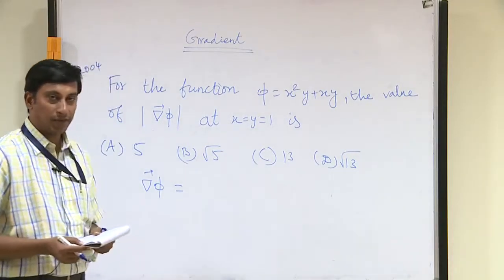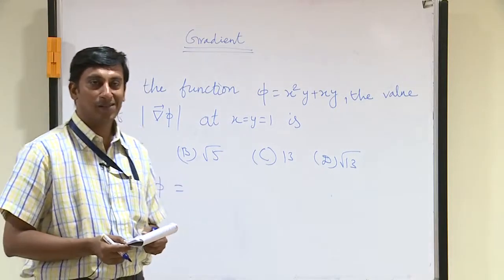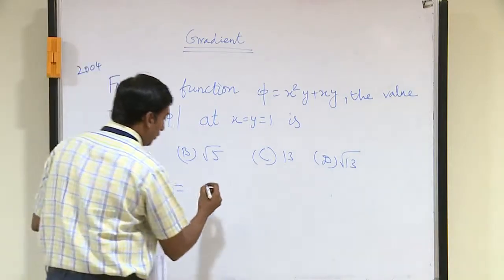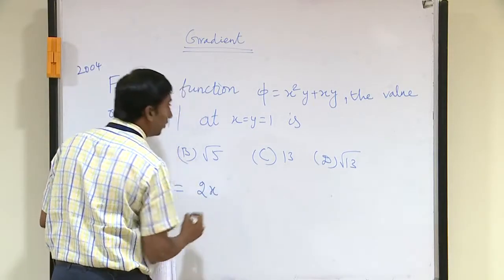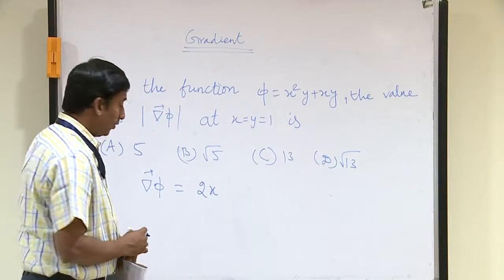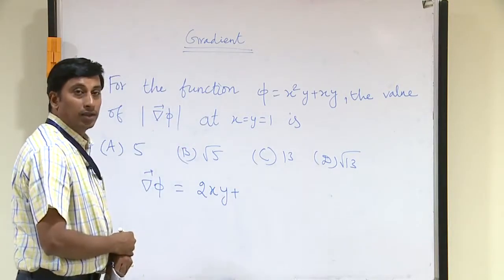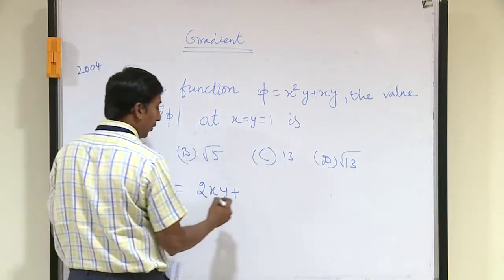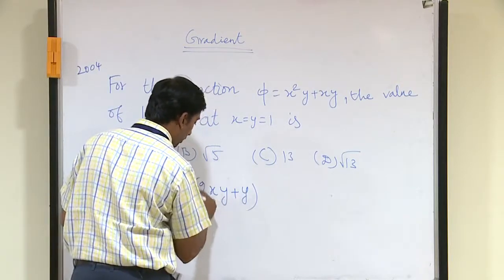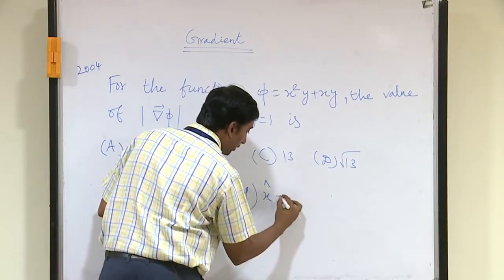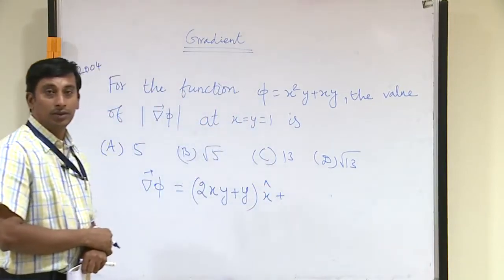So what is gradient of phi? You have two terms which are functions of x. So you have 2xy plus y into x cap, correct?